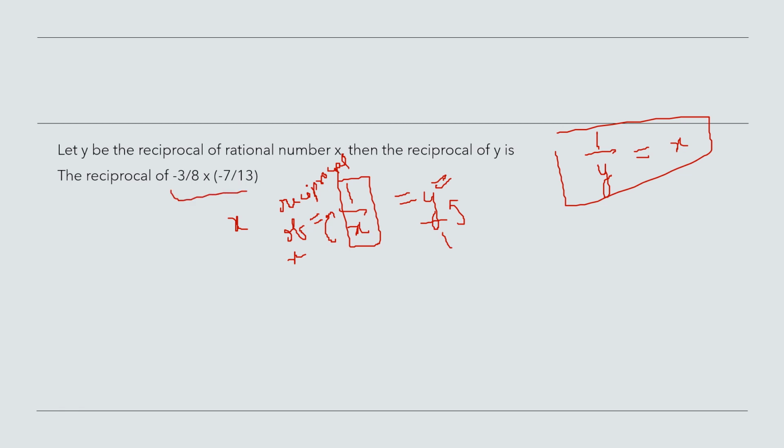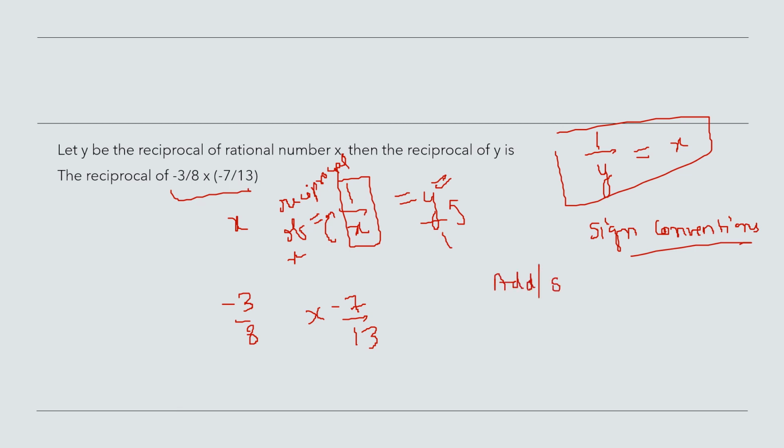Okay. Next is minus 3 by 8 and minus 7 by 13, and you have to find out the reciprocal. Firstly solve it. Let me tell you about the sign conventions first. For addition and subtraction we use same rules, and for multiplication and division we use same rules as far as sign conventions are concerned.